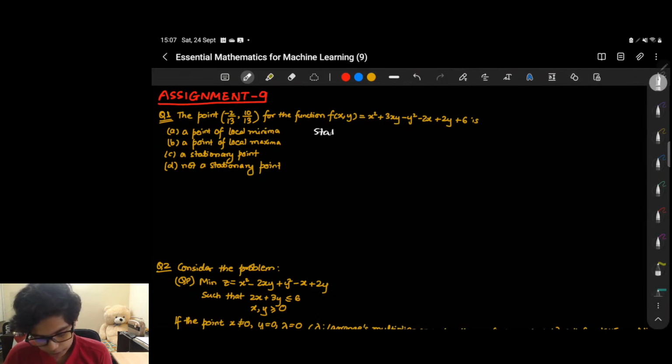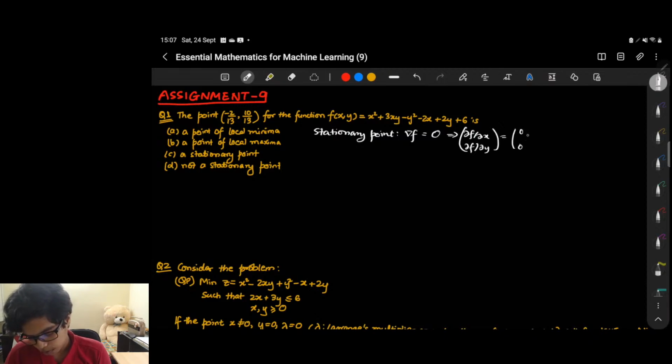The condition for a stationary point is gradient of f equal to 0. Gradient of f equal to 0 implies that gradient of f, which is del f by del x and del f by del y, is equal to 0. So individually all these terms are 0.